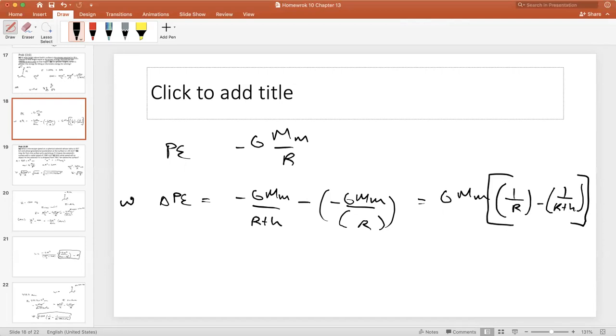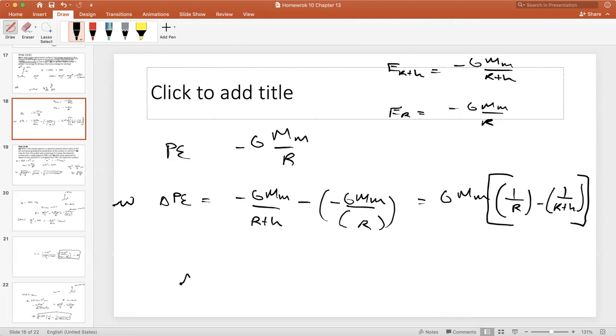So the energy that it had at R was negative G M M over R. And the potential energy it has at R plus H is negative G M M over R plus H, right? So basically, as it moved out, we gained energy, right? This is definitely less than this. So we gained energy in the system. That doesn't make any sense. We have to have a negative sign on here.